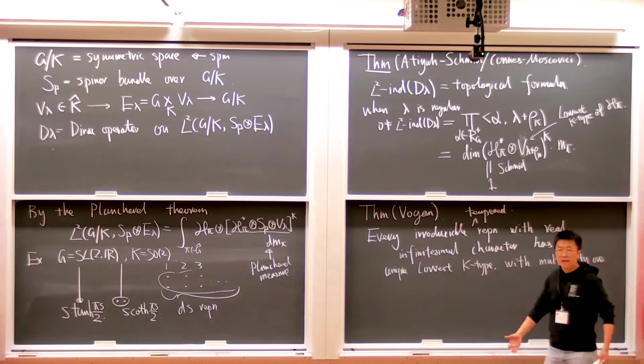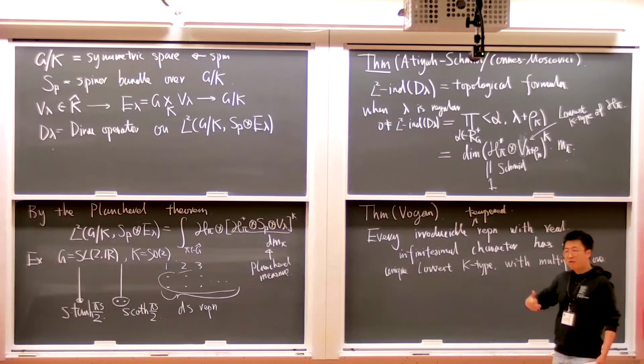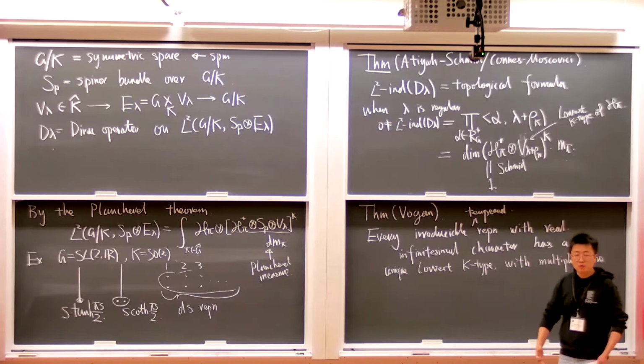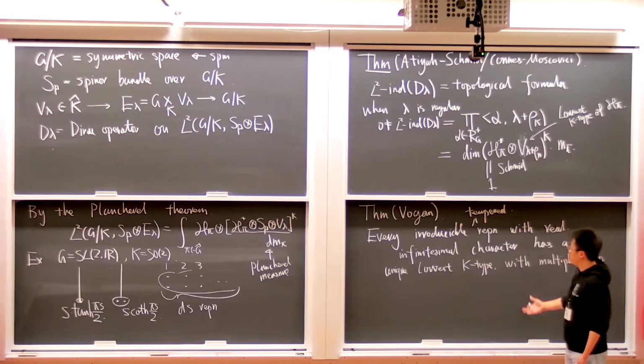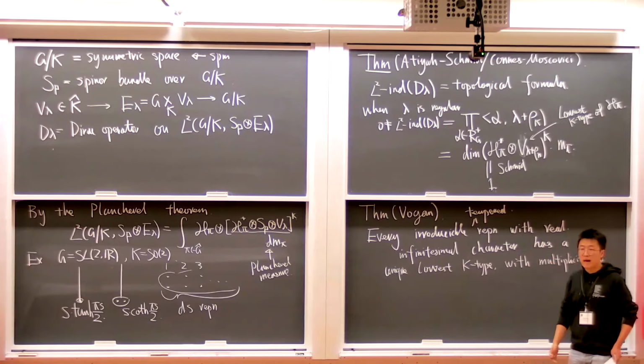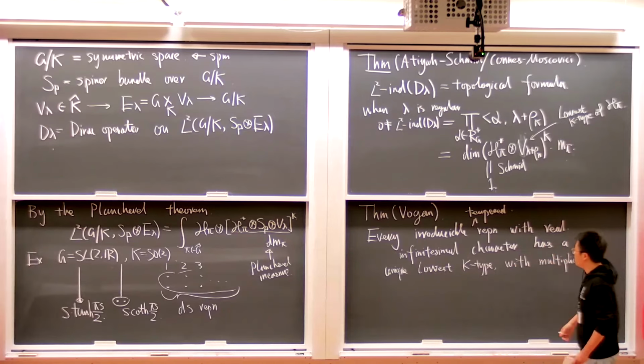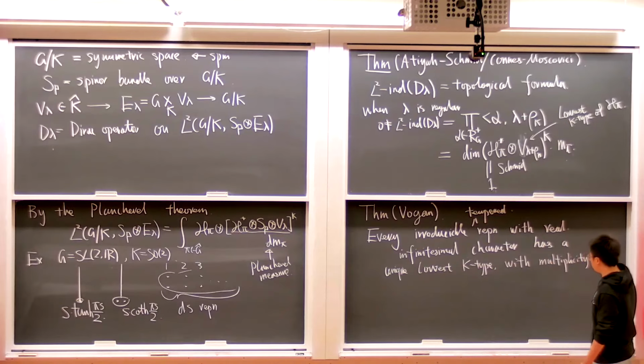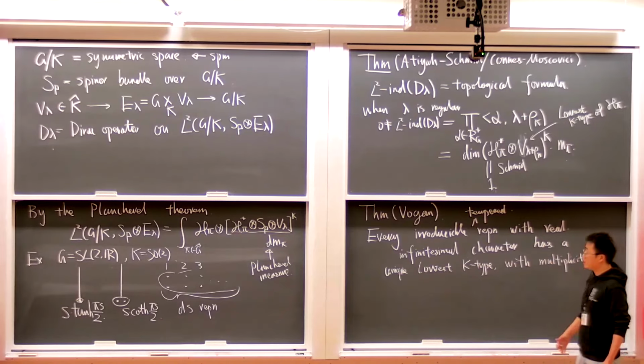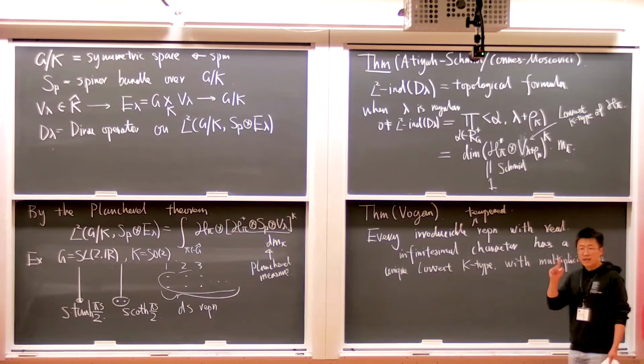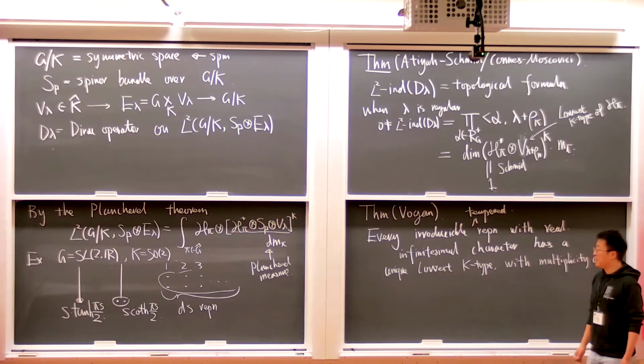But Vogan generalized this result from discrete series representations to irreducible tempered representations with real infinitesimal character. So for example, if it is a spherical representation for G, then its K-fixed part always has multiplicity 1. So this is one special case of this theorem.